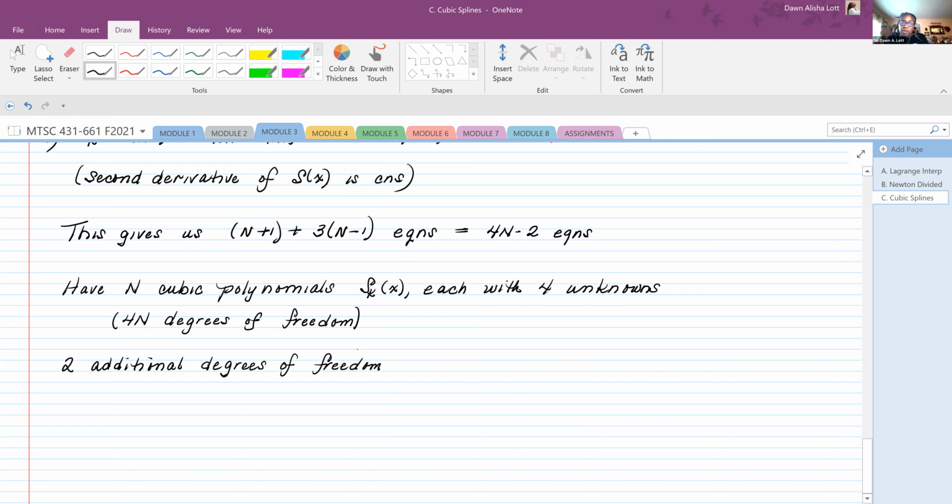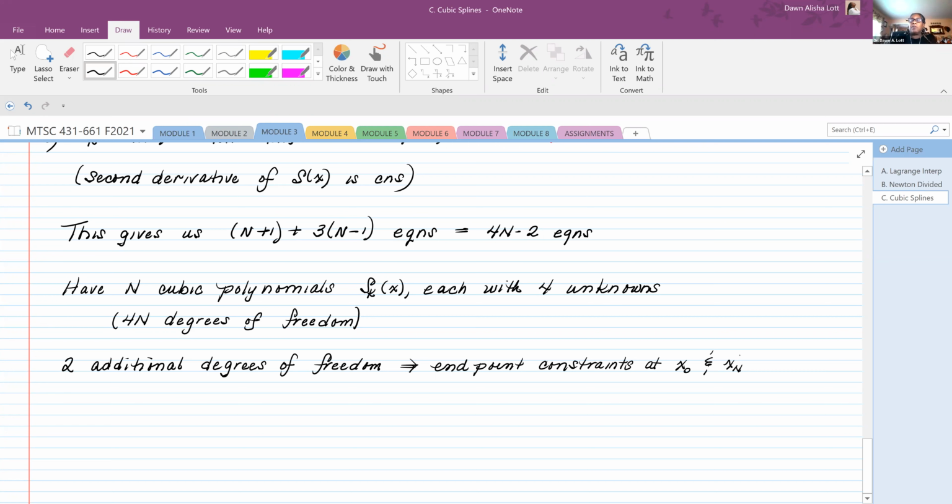With those 2 additional degrees of freedom, we have the chance to do endpoint constraints at x naught and xn.